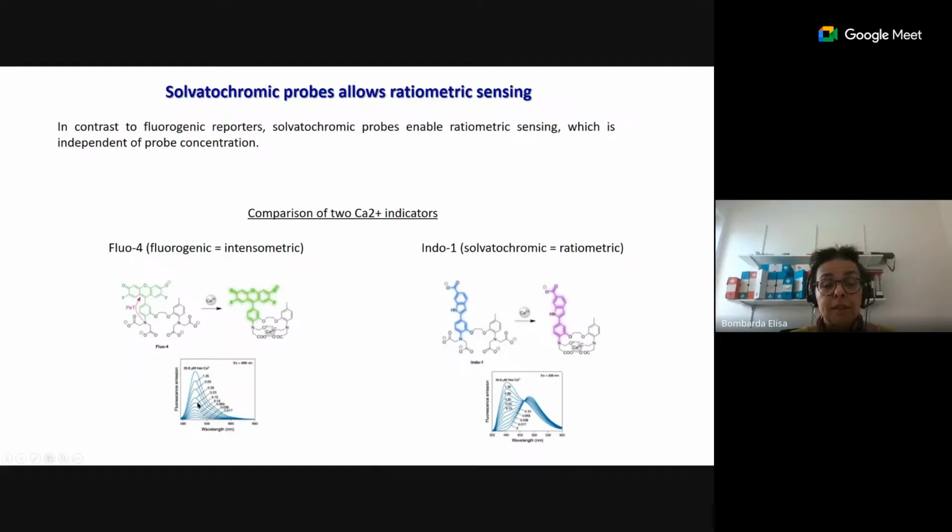You want to separate the effect: you are interested in the increase of fluorescence due to the calcium binding and not due to a change in concentration of your probe. This problem you don't have here, because the shift in the wavelength is the same independently of how much probe you have inside.